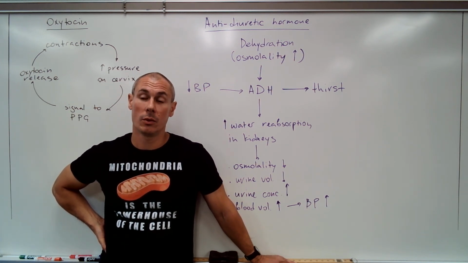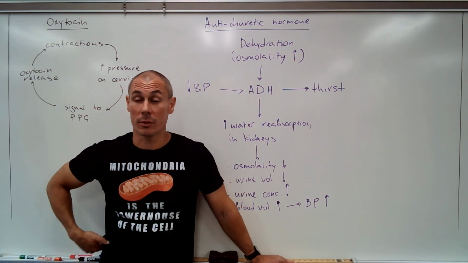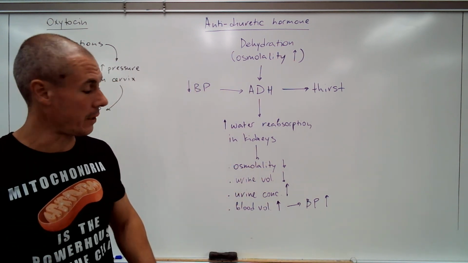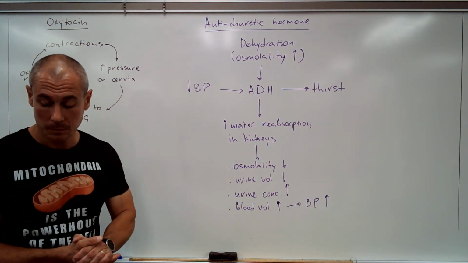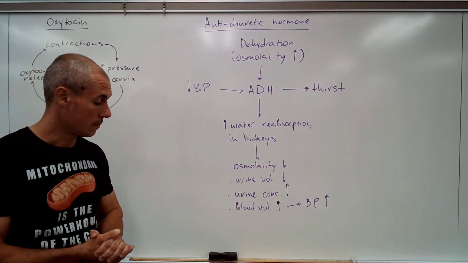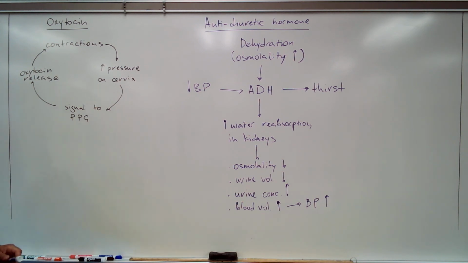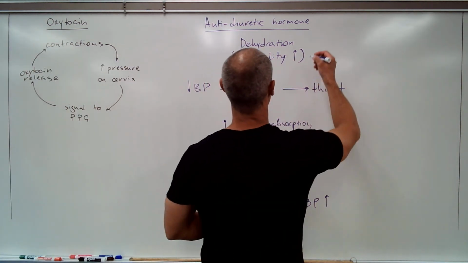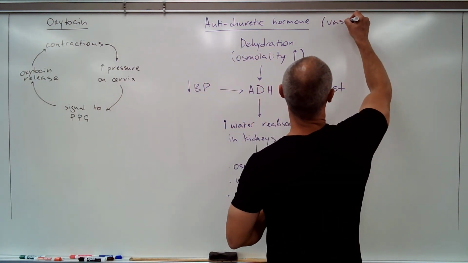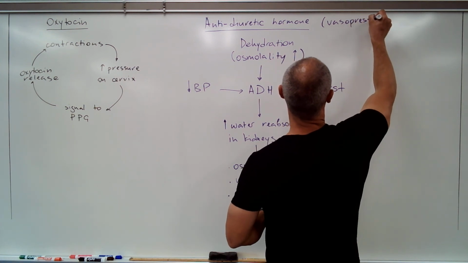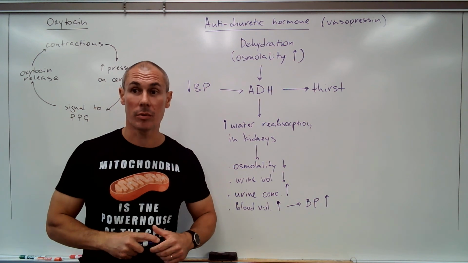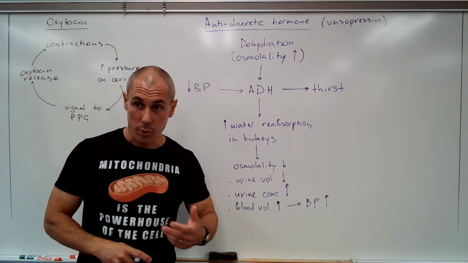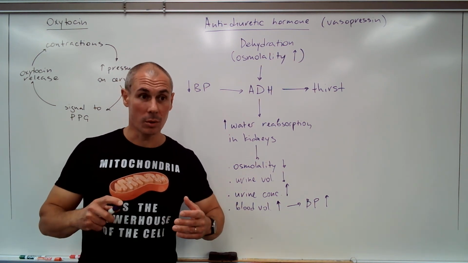So, one of the effects of ADH, interesting effects. Another name for this hormone is vasopressin. Now, vaso refers to blood vessels, and pressin refers to compression.